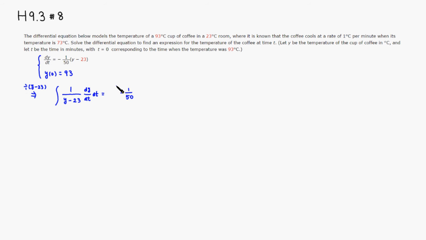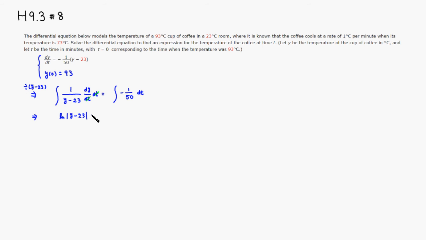Then we can integrate both sides with respect to t. We put the integral sign and the dt there, then we can cancel dt on top and dt on the bottom. The antiderivative of 1 over y minus 23 would be the natural log of the absolute value of y minus 23.